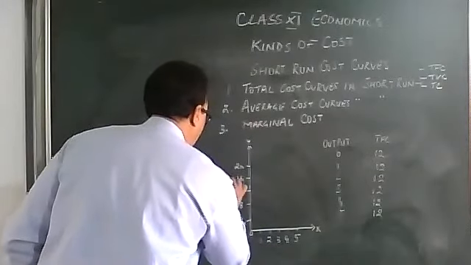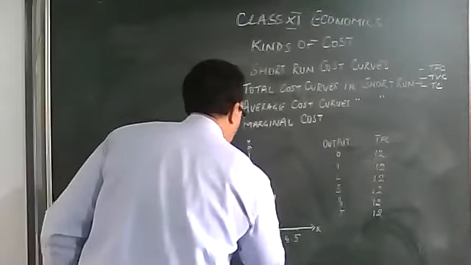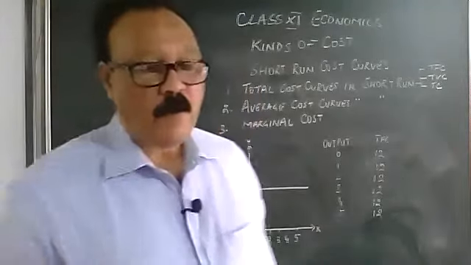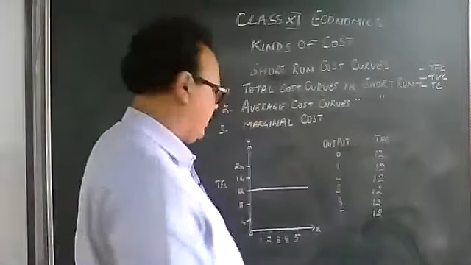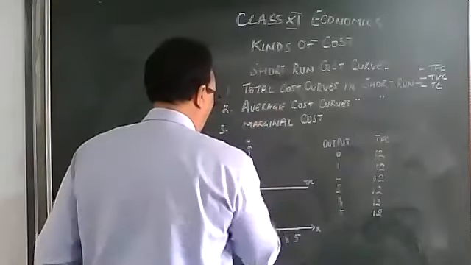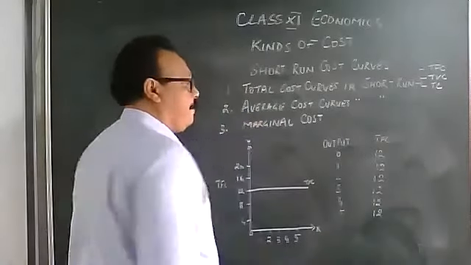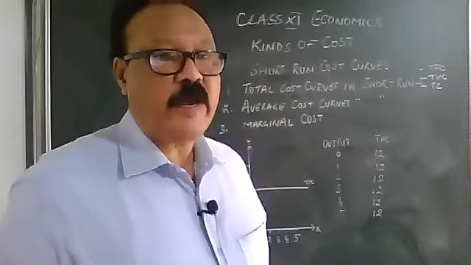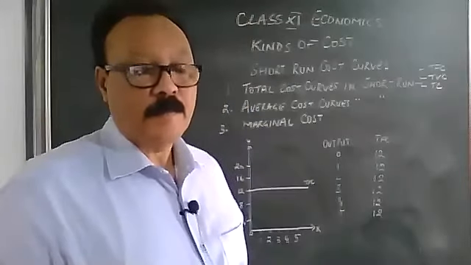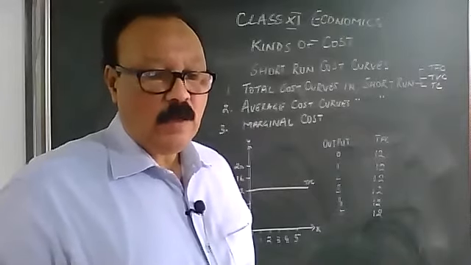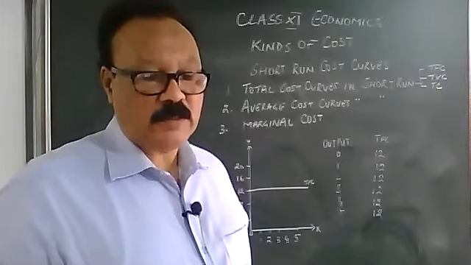This is the total fixed cost. You see, we will get a straight horizontal line, because the fixed cost for all the outputs will be the same. So the total fixed cost is a straight line parallel to the horizontal axis.